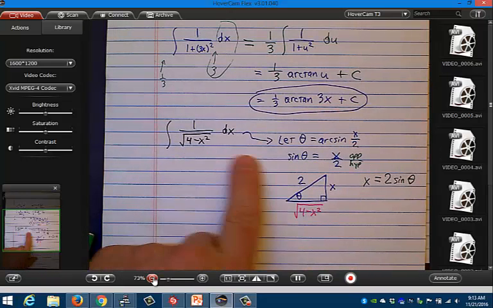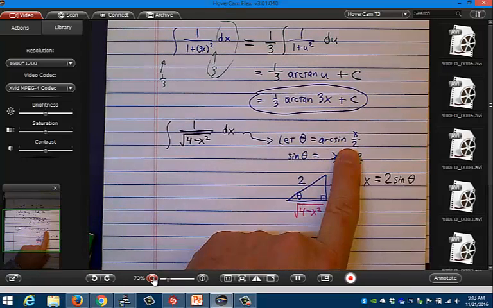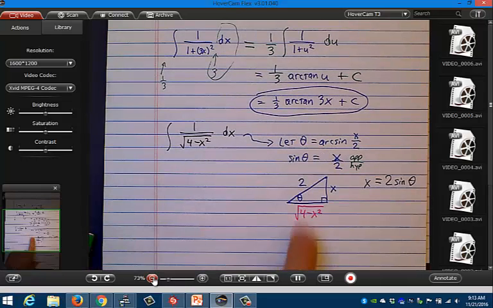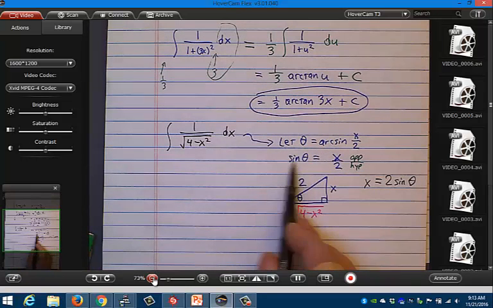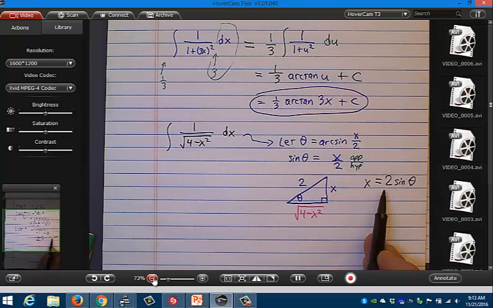We're doing theta is an inverse trig function. That's really the substitution we're making. And we work it all out. Basically, I took this equation here, and what did I do to both sides of it to get that? Yeah, I got rid of the fraction by multiplying by 2. Are you with me?